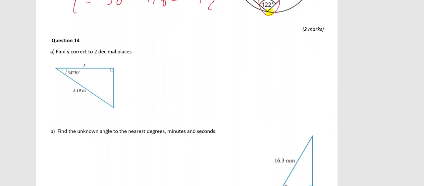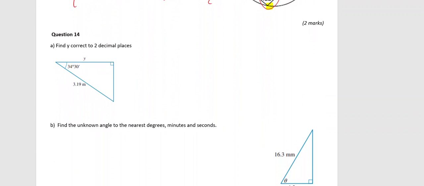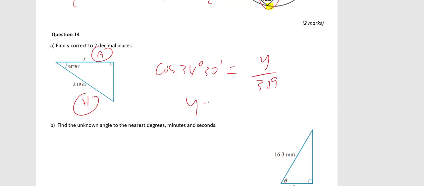Question 14, it's a simple SOH CAH TOA question. So this is the adjacent side, this is the hypotenuse. So cos 34 degrees 30 minutes equals adjacent over hypotenuse. So y equals 3.19 times cos 34 degrees 30 minutes.